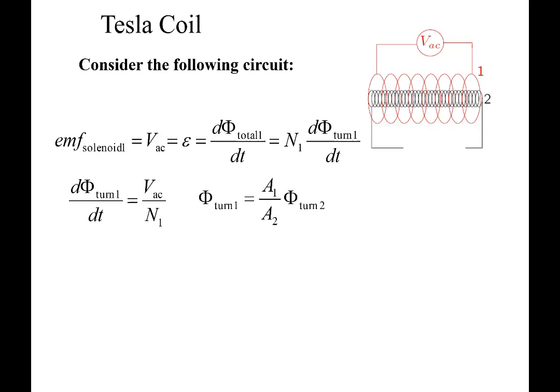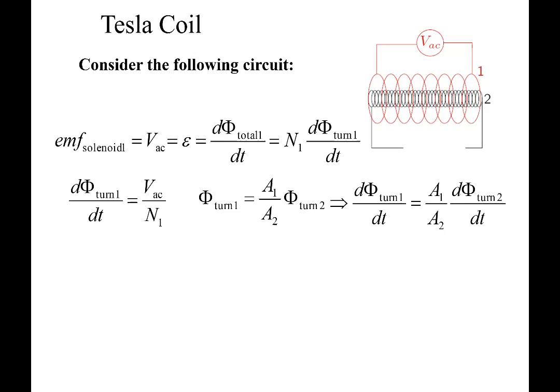So the flux in one turn of coil 1 is equal to the ratio of the area A1 over A2, that is the cross-sectional area as defined by each coil, 1 and 2, times one single turn of magnetic flux through coil 2.